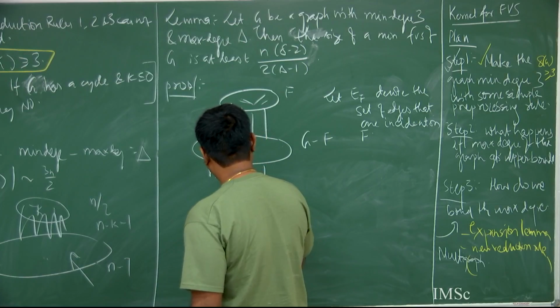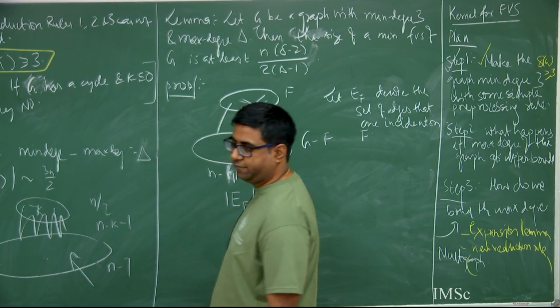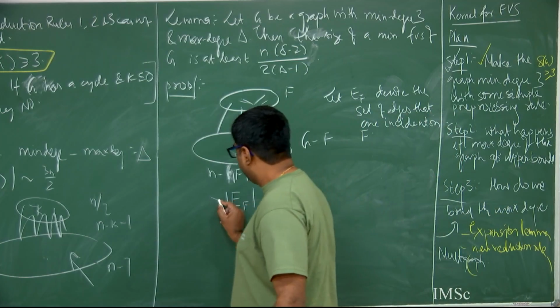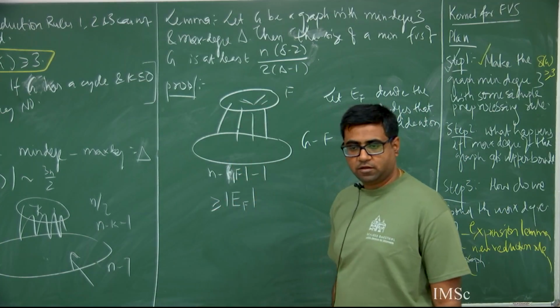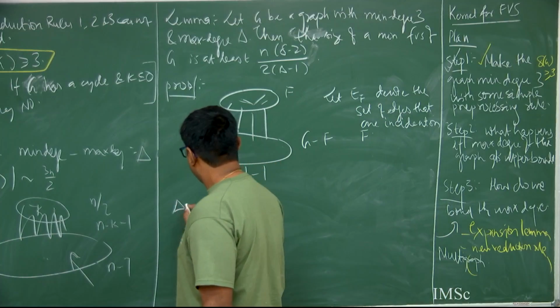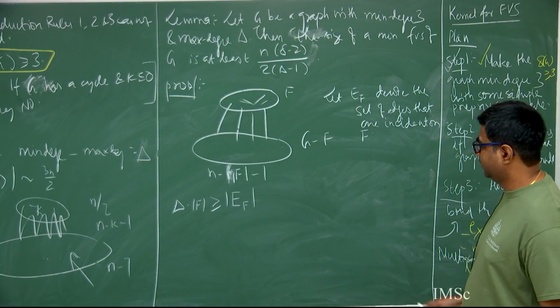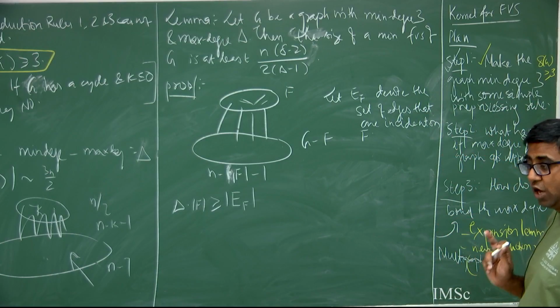Now, let's try to bound E(F), a lower bound and an upper bound. So, what is a trivial upper bound on E(F)? It is delta times |F|, because every vertex has maximum degree delta. But E(F) is at least how much?